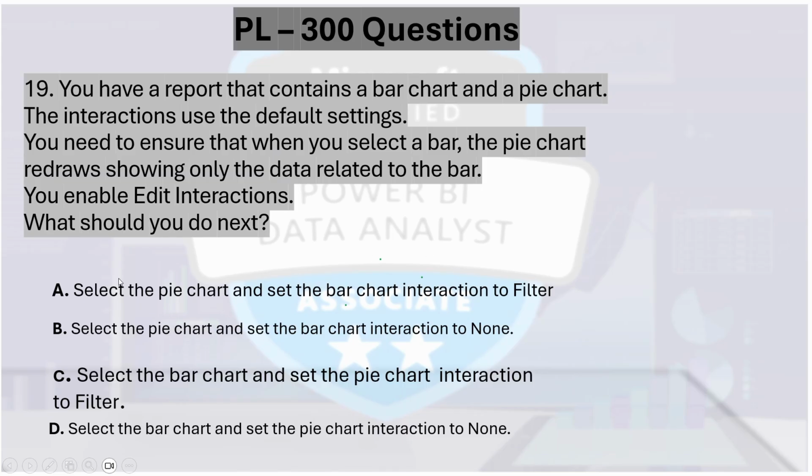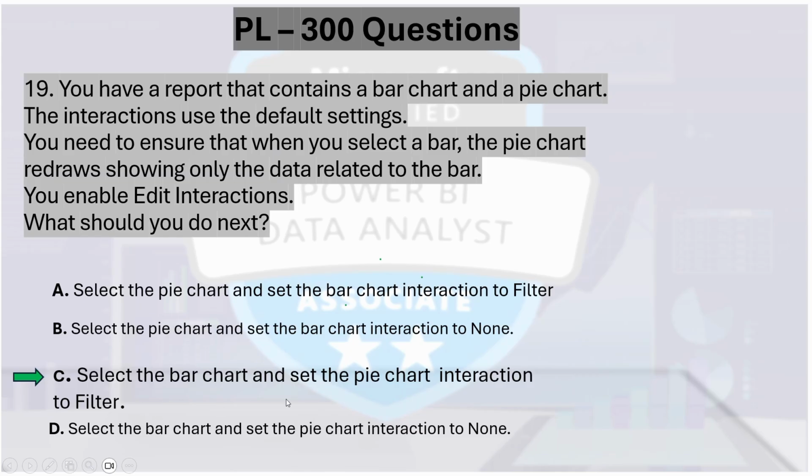So it's very easy. Select the pie chart and set the bar chart interaction to filter. Select the pie chart and set the bar chart interaction to none. Select the bar chart and set the pie chart interaction to filter. So option C is correct. If you select the bar chart, set the pie chart interaction to filter.